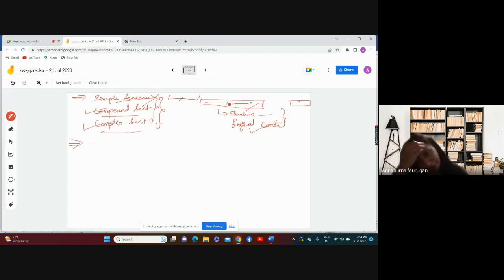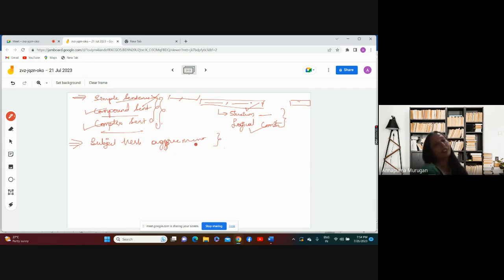Then we'll see whether it is a complex sentence or compound sentence. Then in each of these parts, we see whether subject verb agreement is happening or not.